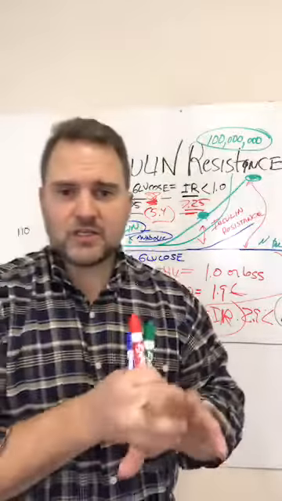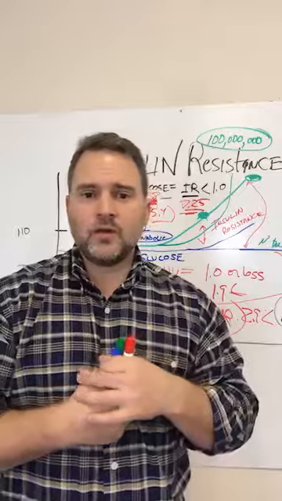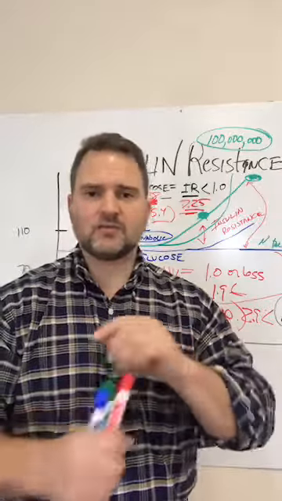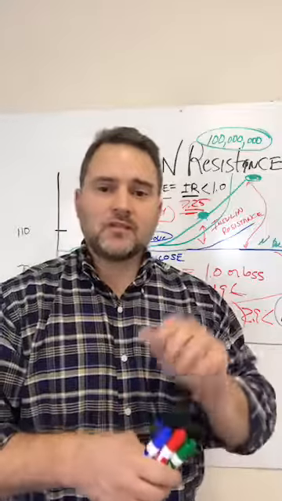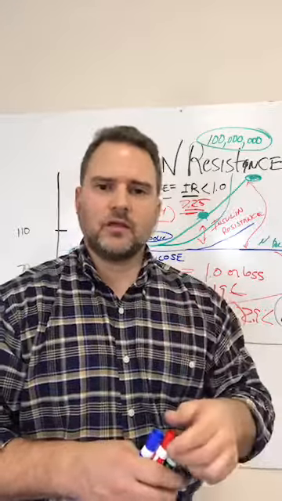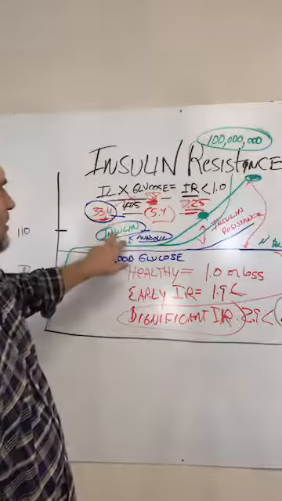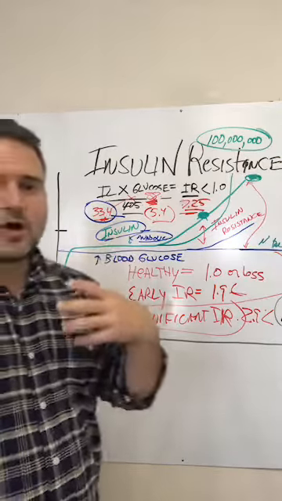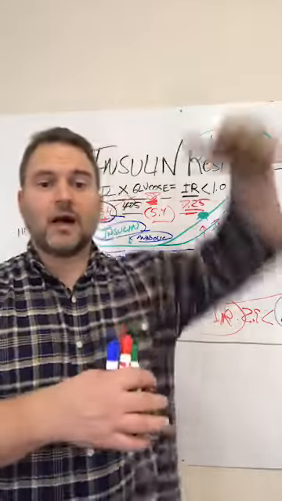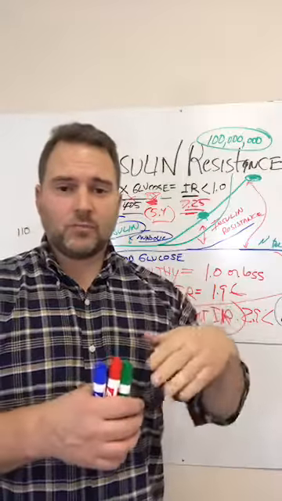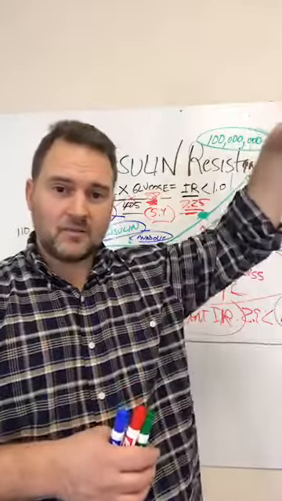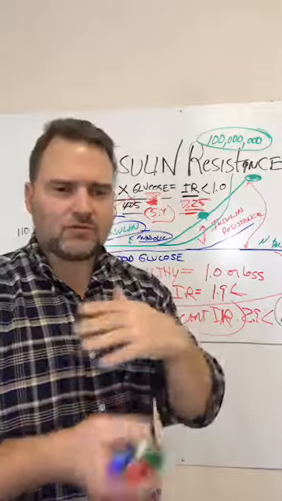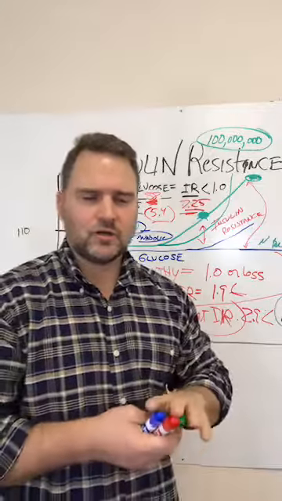The frequency of meals. So, we are still in this model where you think you need to have 3 meals a day and 3 snacks a day. Every single time you eat something, your body is going to make insulin. Every single time. If you eat a carbohydrate-rich food, you're going to make a lot more insulin. If you eat a protein food, you're going to make a decent amount of insulin. And if you eat a fat, you're going to make very little insulin because fat is relatively neutral as far as insulin is concerned.